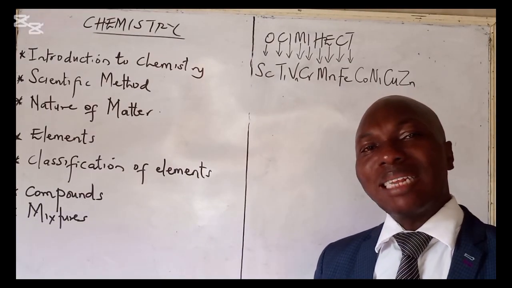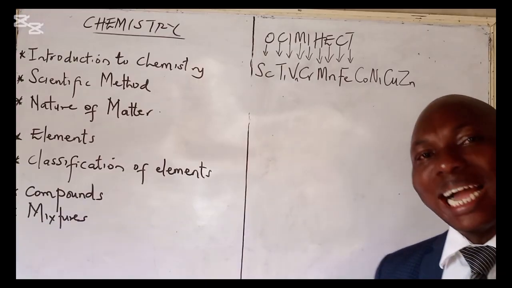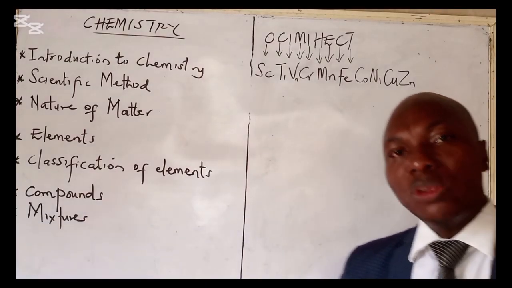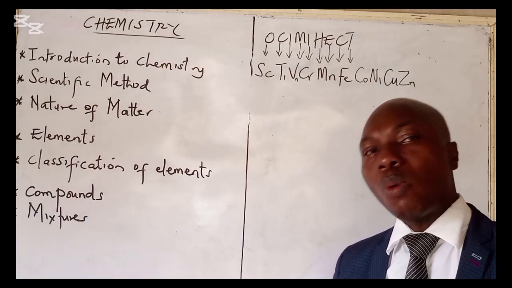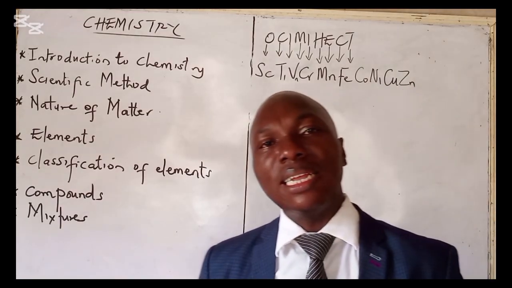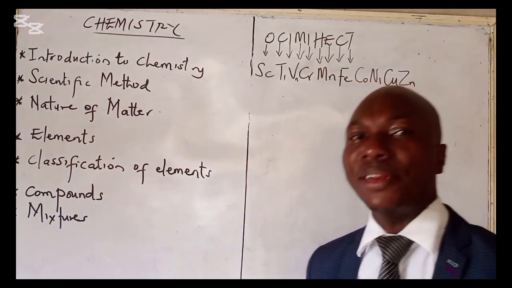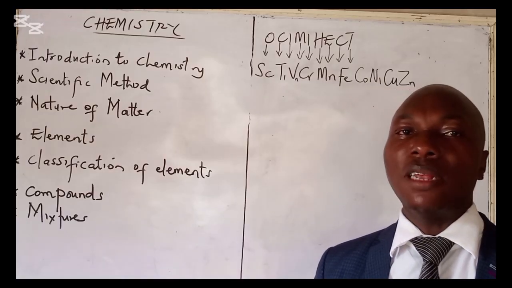When we talk about metals as reducing agents, we mean that they can ionize by losing their electron to become a cation, while non-metals generally gain electron by becoming an anion. Those are the physical and chemical properties of metals and non-metals.